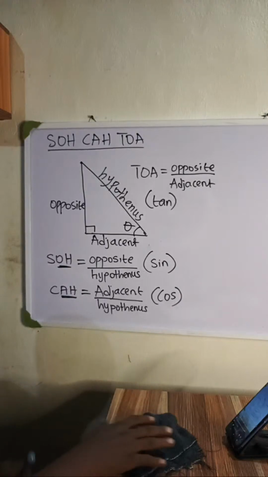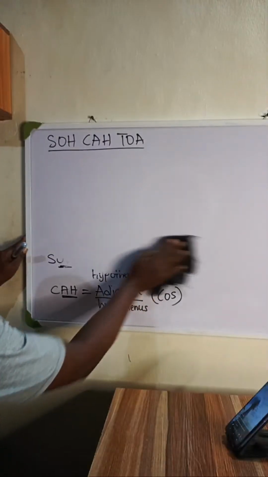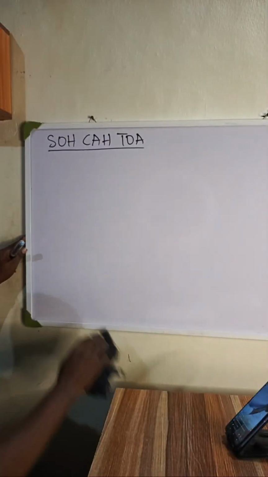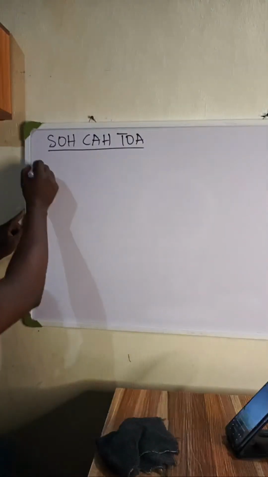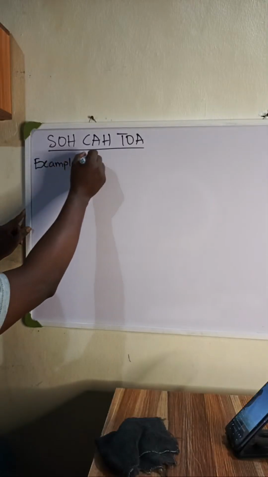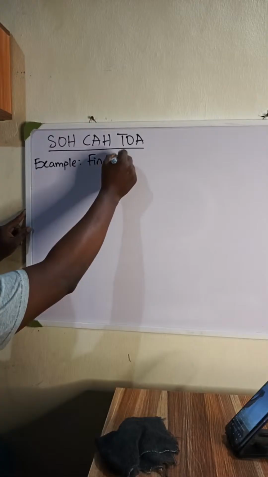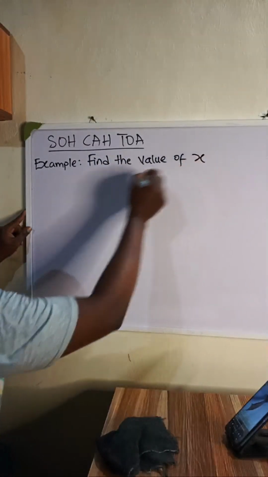So now let's look at some examples. For example, find the value of x in the triangle.